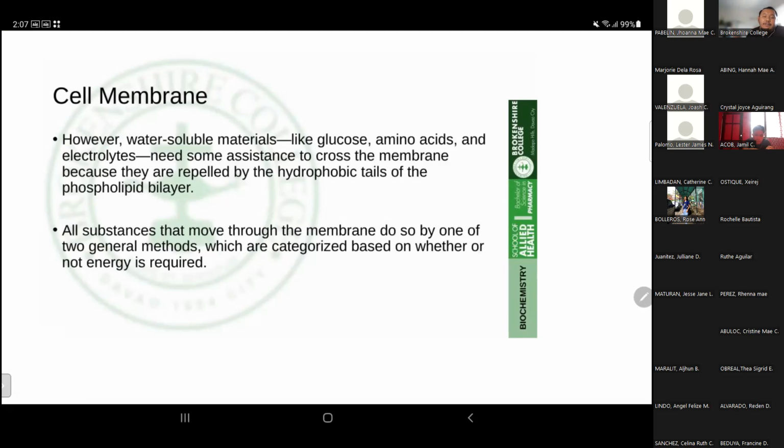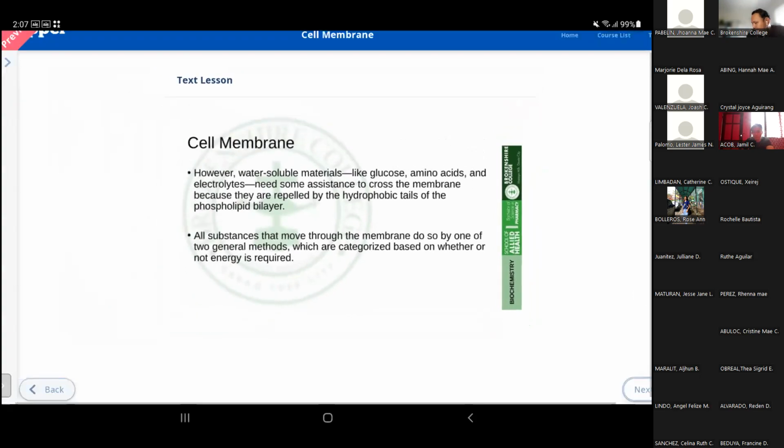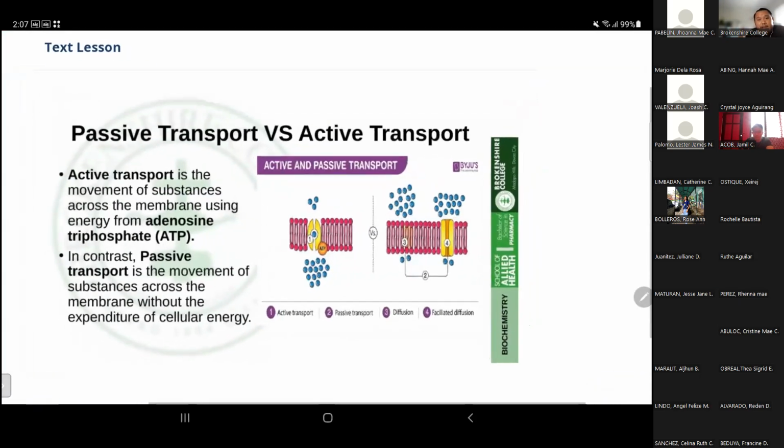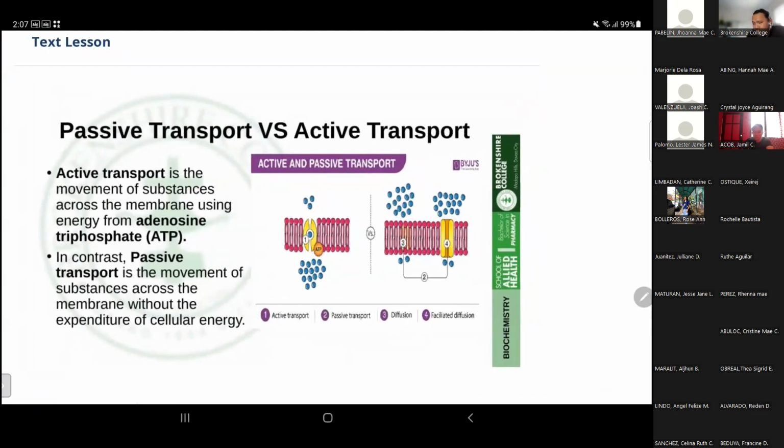Of course, we have diffusion, your passive transport, and then we have also your active transport, which needs energy. Okay, so what I am mentioning now is, again, passive transport versus active transport.